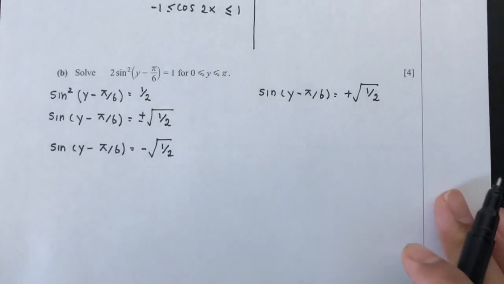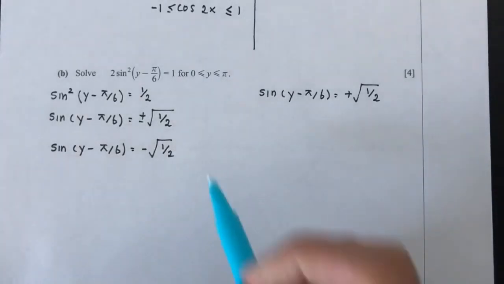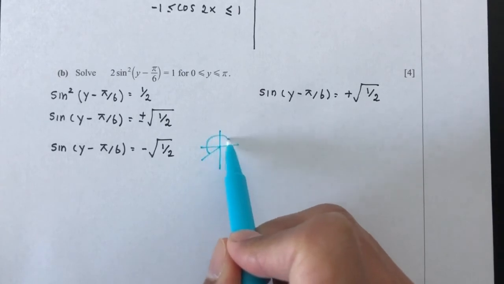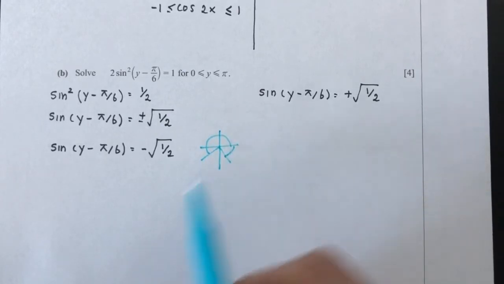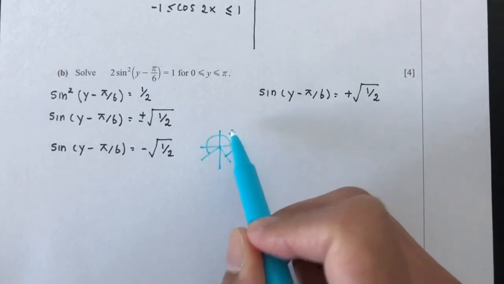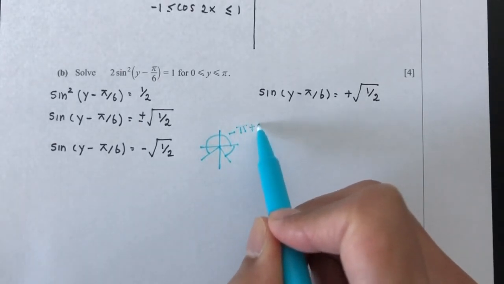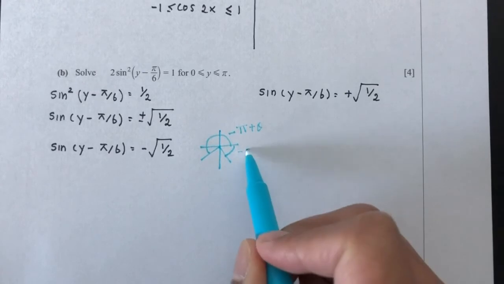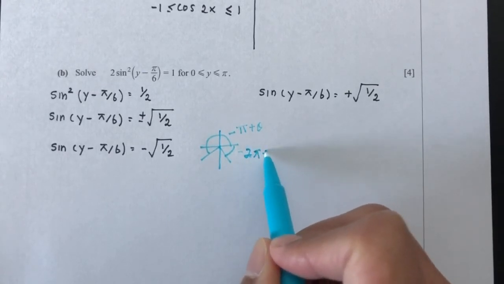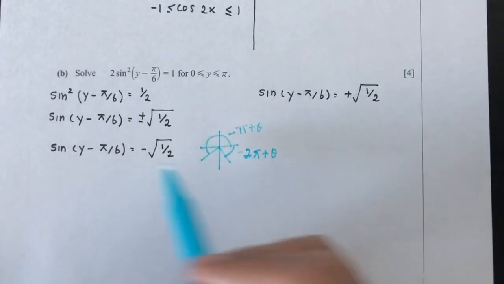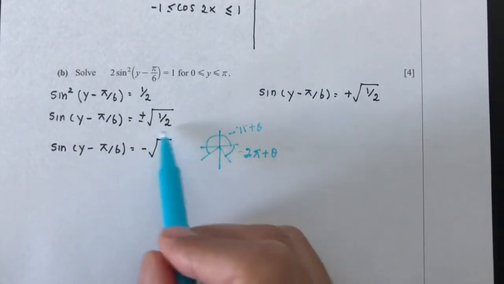Now, one by one. So when sine is negative, it has to be in your third quadrant and your fourth quadrant. So the third quadrant is what? It is 180, which is pi plus theta, and this is 2 pi minus theta.